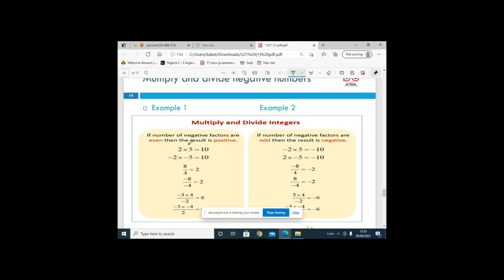If you don't see any sign, it tells you that it's positive. For example now, there's no sign in front of this number, and there's no sign in front of this number. So both of them are positive. When you do positive times positive, it gives you what? Positive. So that's why it's going to give you positive 10. So you do the sign first before you do the numbers.